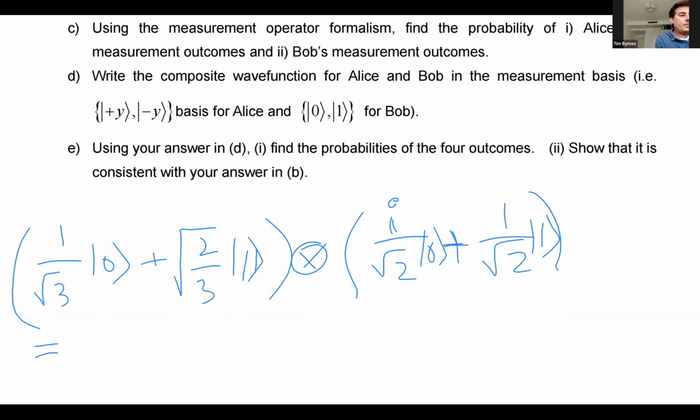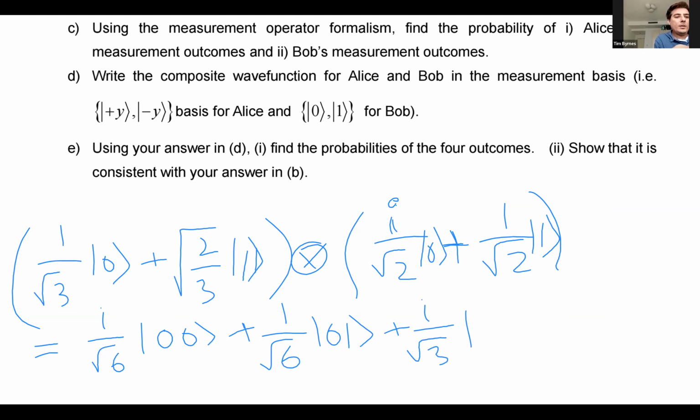If you just expand this, the four terms you will get are i over √6 of |0,0⟩, just in the usual notation where 0,0 means 0 tensor 0. The second term is 1/√6 of |0,1⟩. The third term will be i over √3 of |1,0⟩. And the fourth term will be 1/√3 of |1,1⟩.